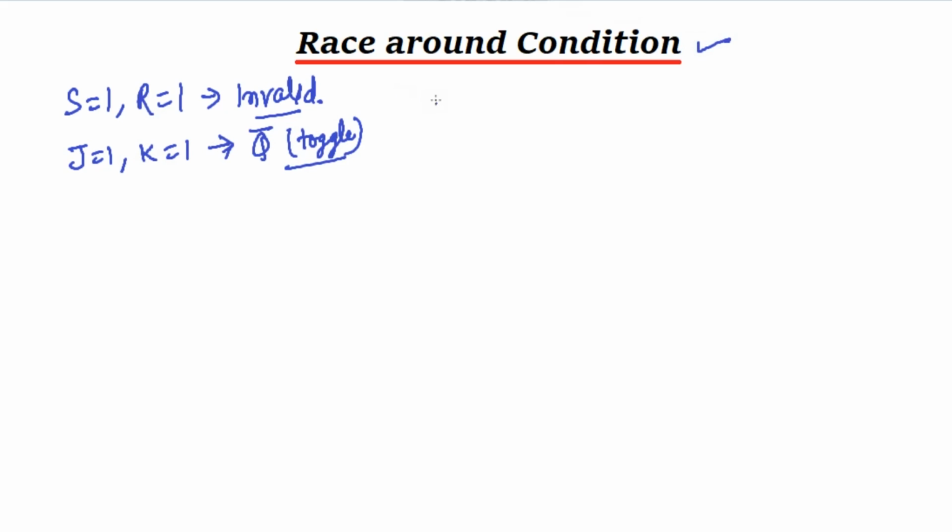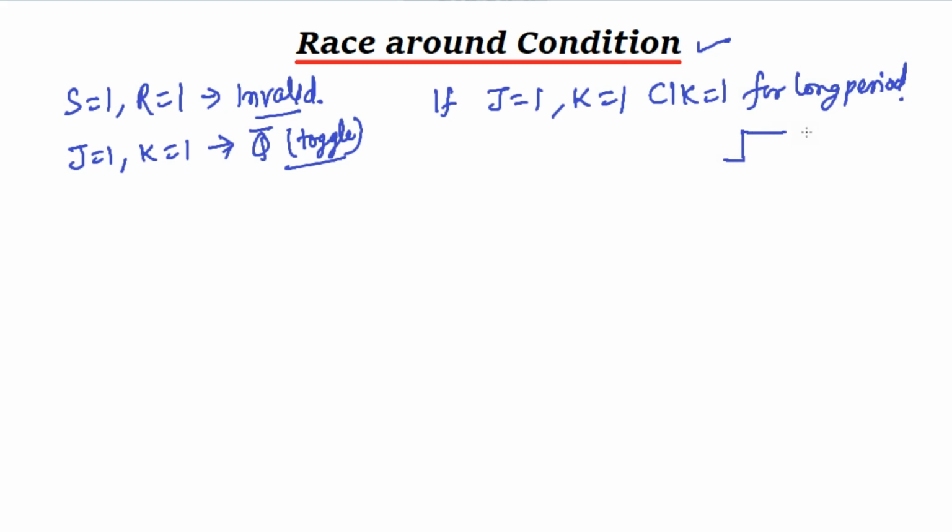If J is equal to 1, K is equal to 1 and the clock is high for a long period, then the output continuously toggles in that region.